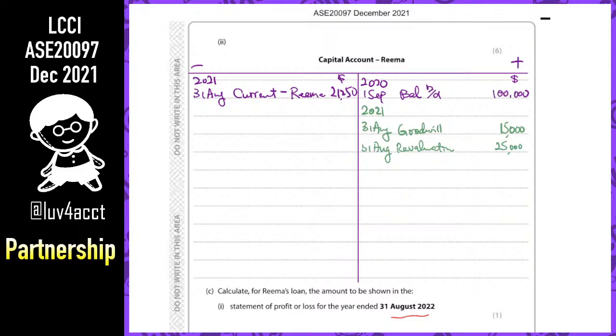The next part, I will use red for the final settlement, year 2021, 31st August. We know there is an 8% loan from REMA, and the other part is paid by check.